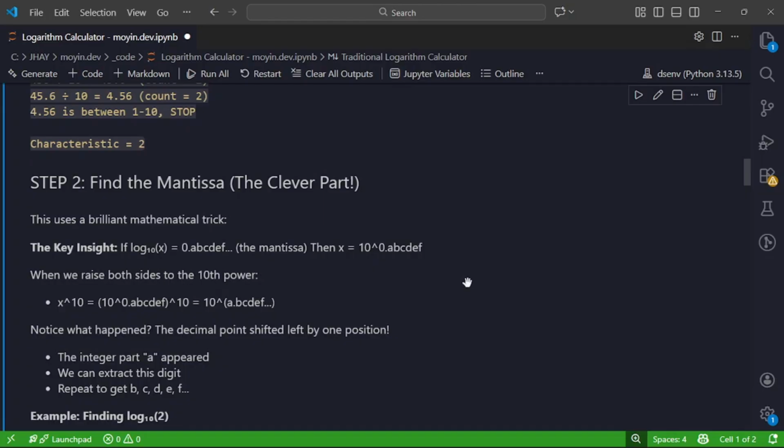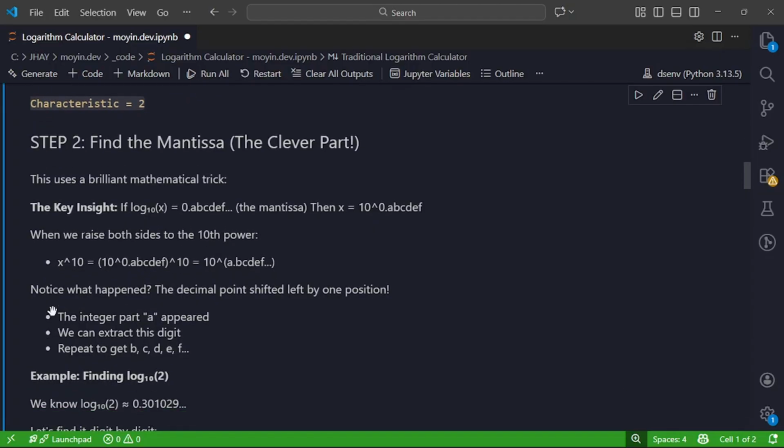That's simply what we'll do here. Raise both sides to the power of 10. What we get is, because we are raising 10 to the power of 0.abcdef to the power of 10, there is a decimal shift.